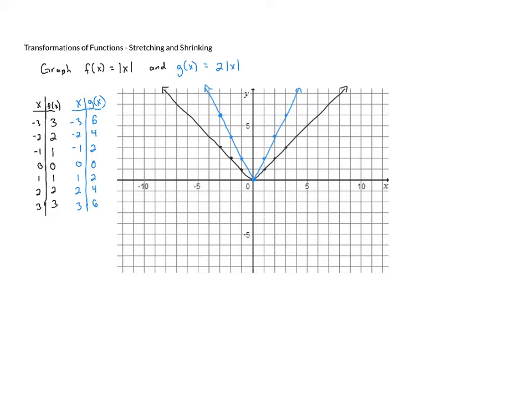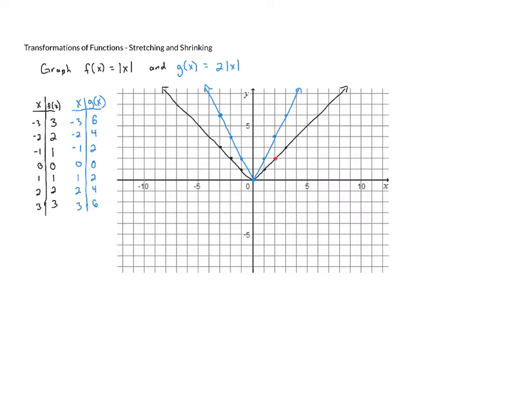And what I want to do is look at corresponding points here. We can see we've got the same x values in each, but the y values are twice as much on g of x as they are with f of x. So effectively what's happened is each of these points has moved twice as far away from the x-axis as it was before. And so what we're doing here is stretching things vertically.